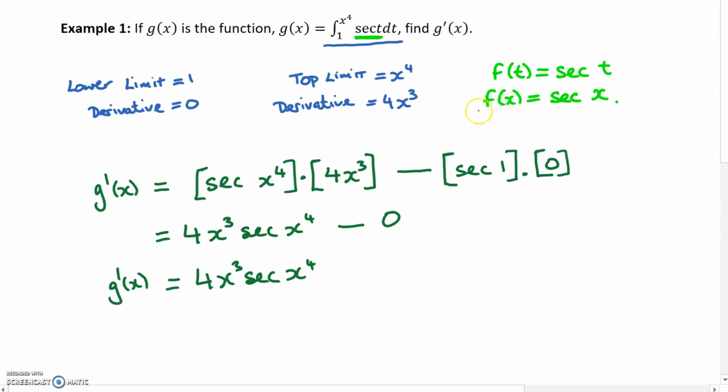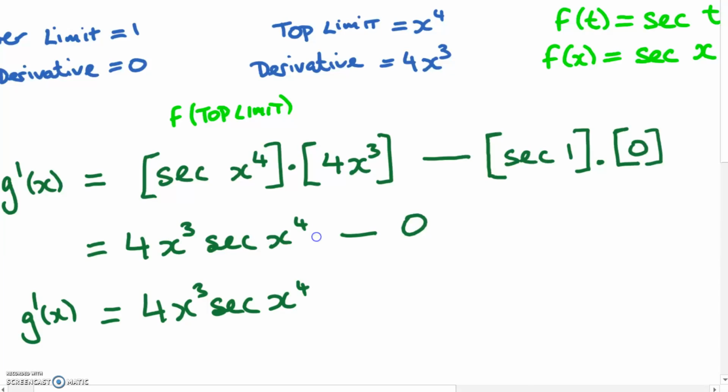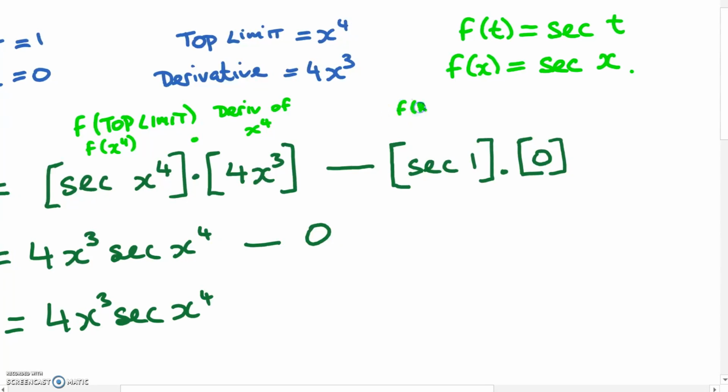What we're doing here is f of the top limit, f of x to the power of 4, by the derivative of the top limit, minus f of the bottom limit, which was 1, by the derivative of the bottom limit, the derivative of 1.